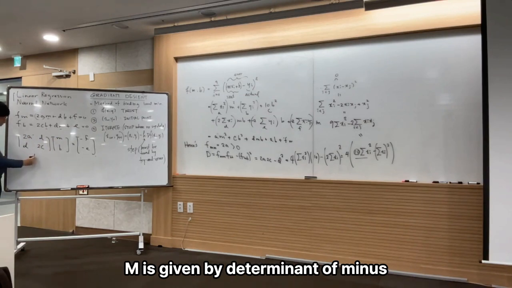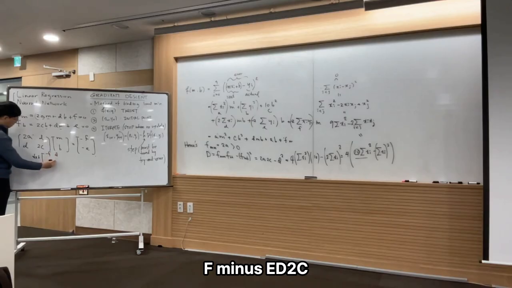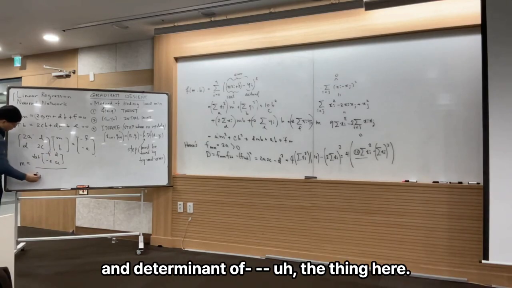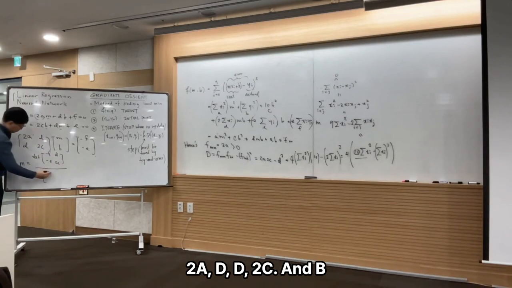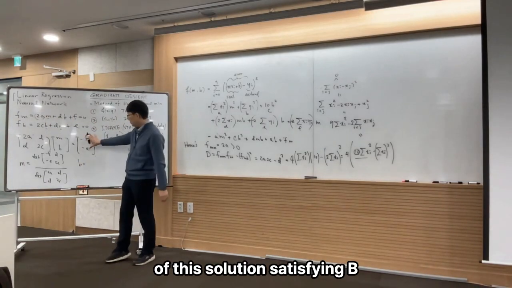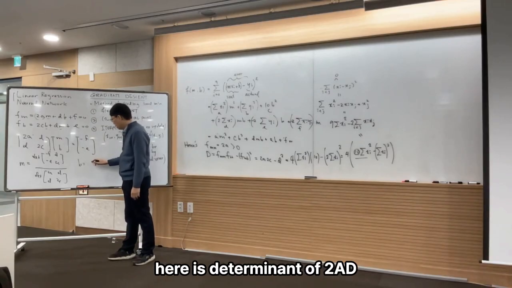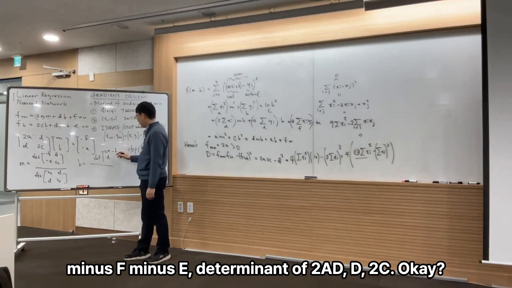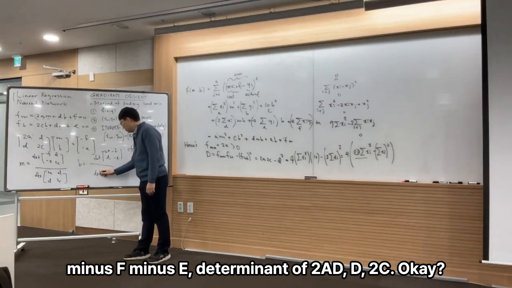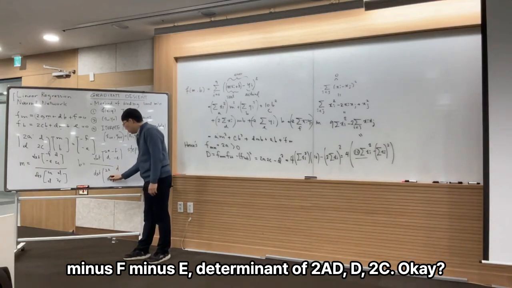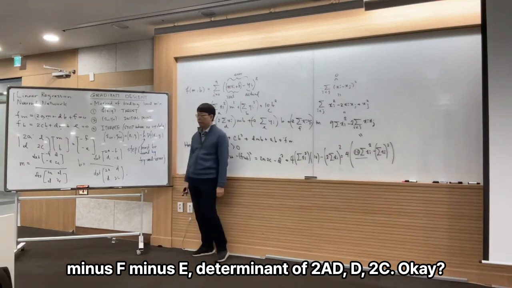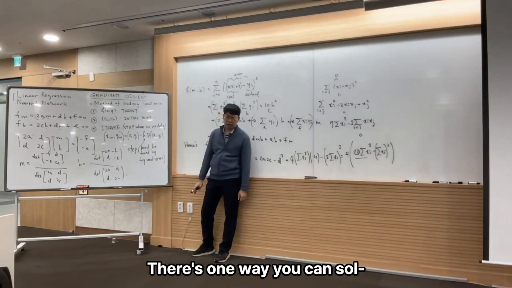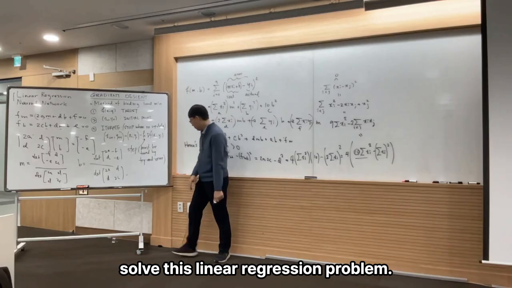M is given by the determinant of minus f minus e, d, 2c over the determinant of the matrix 2a, d, d, 2c, and b of this solution is the determinant of 2a, d, minus f minus e over the determinant of 2a, d, d, 2c. Okay? That's one way you can solve this linear regression problem.